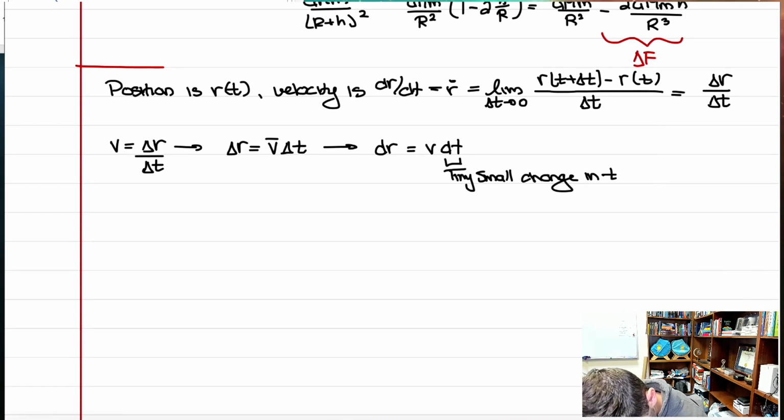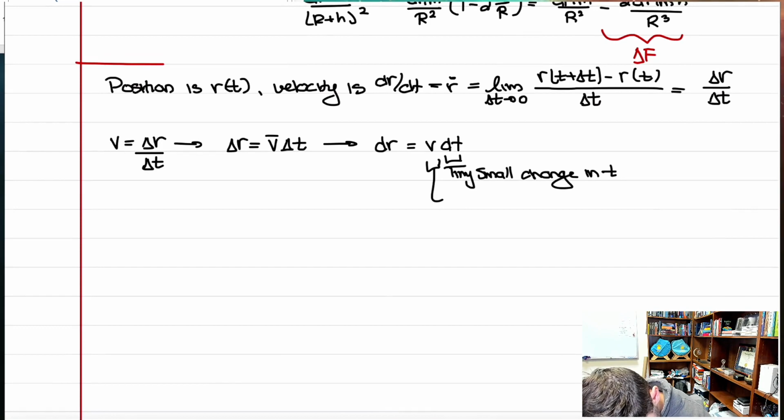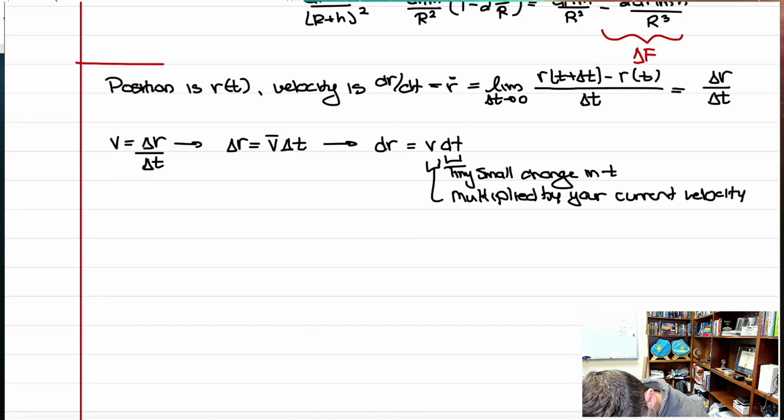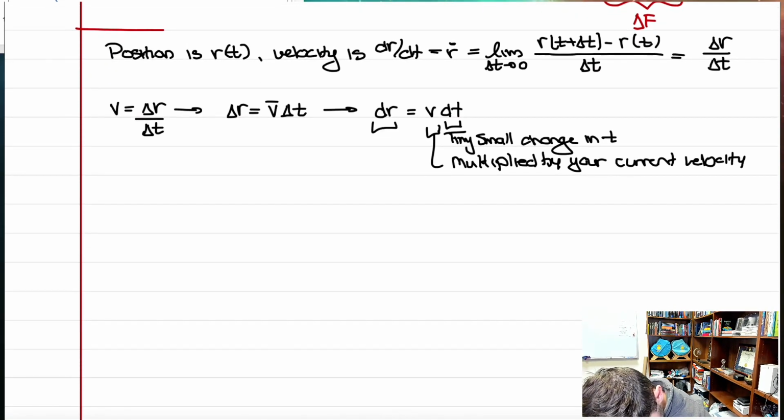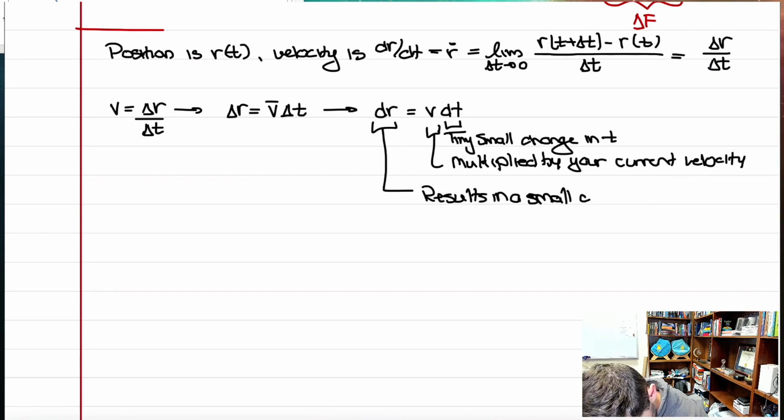A tiny, small change in t multiplied by your current velocity results in a small change in position.